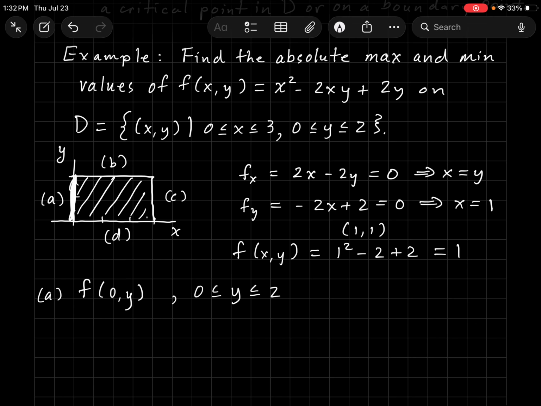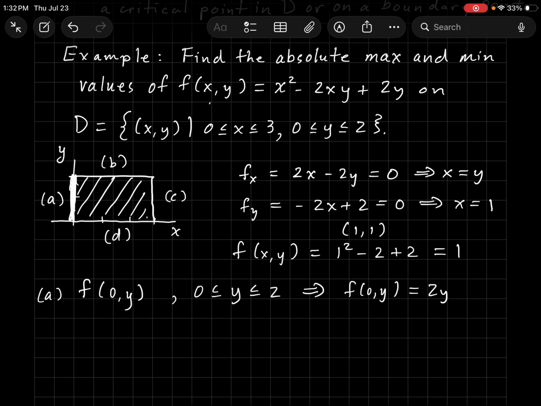So I'm going to look at the function values at the point 0, y. So we're going to go back up to the top and plug in 0, y into my function here, which is going to give us f of 0, y equals 2y. Right, we get 0 squared minus 2 times 0 plus 2 times y, or 2y.